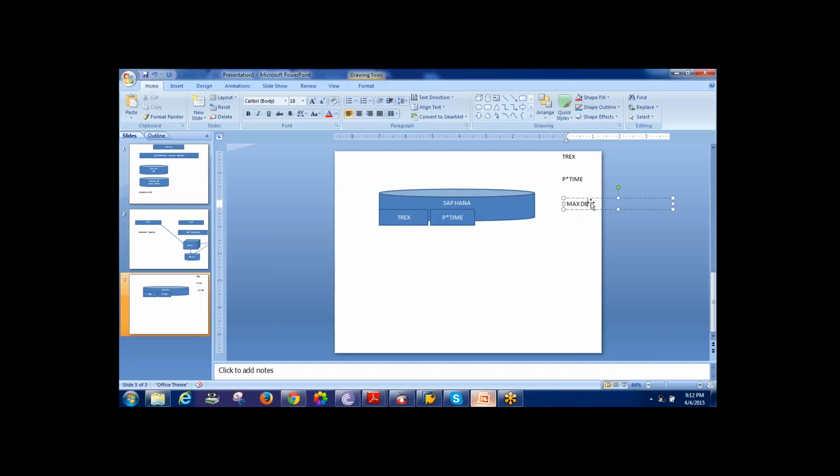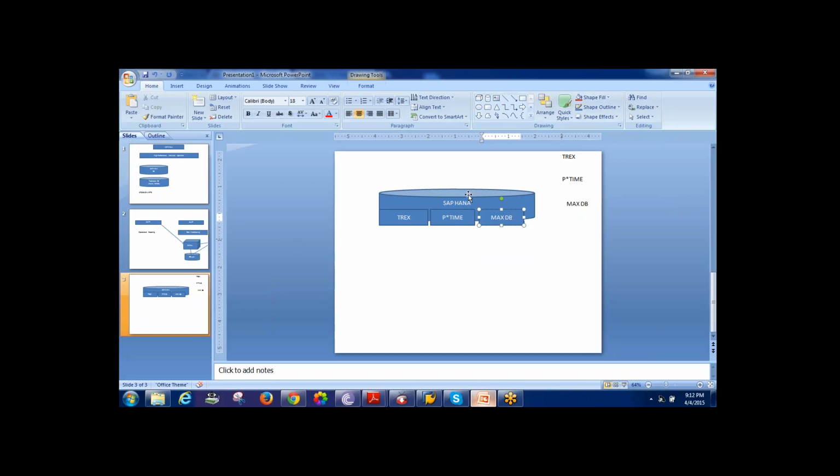Again, why are we going for the third product, which is called SAP MaxDB? Okay, this is the third product which SAP added in this HANA MaxDB.